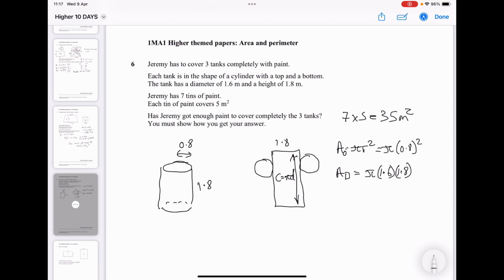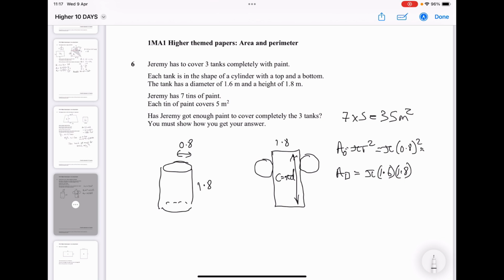Okay, and then remember that the area of the circle I'm going to have to times by 2. So let me get my calculator. I'm just going to use 3.14 because I've got a basic calculator here. I'm not using the one on the screen.